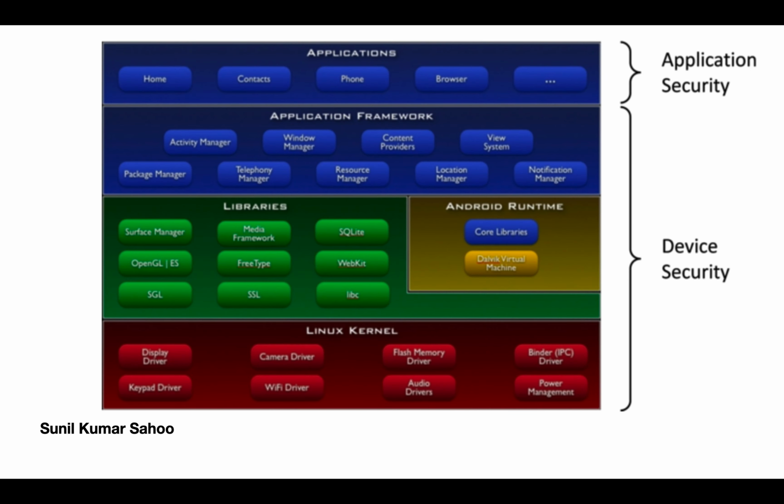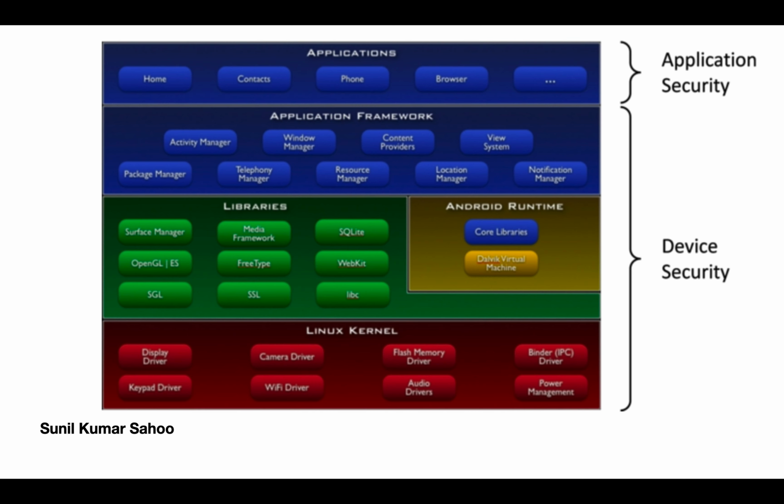Let's understand our Android architecture. Android applications are placed in the top layer, where we can see home, contacts, phone, browser. Similarly, when we create any application, that falls under that first layer.